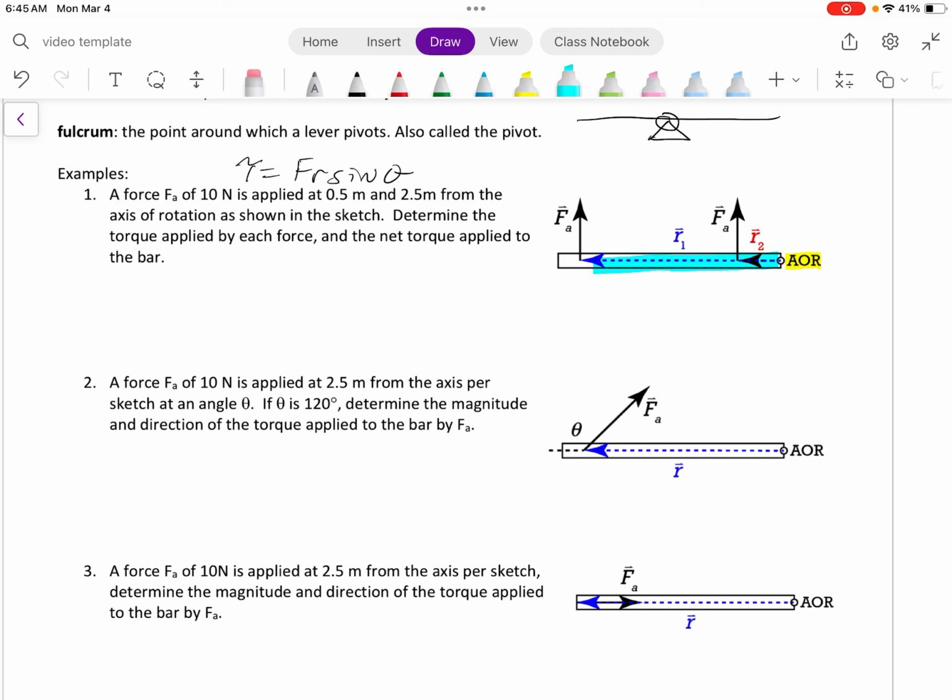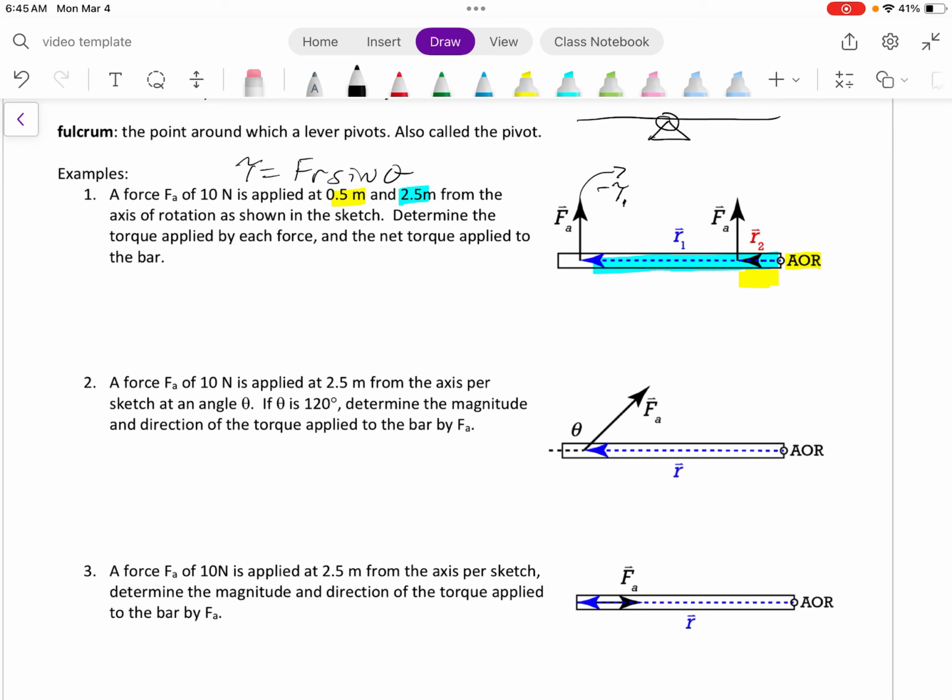And then this little distance right here, the blue is the 2.5 meters, and the yellow is 0.5 meters. Determine the torque by each force. So I'll show you my technique. This will cause that bar to rotate about that axis in a clockwise direction. So that is negative torque.